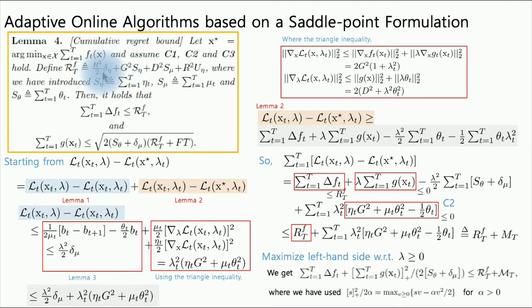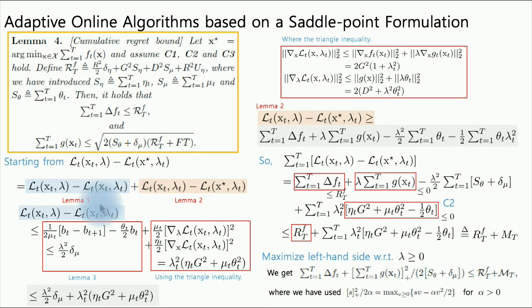Lemma 4 is a cumulative regret bound under the three sufficient conditions C1, C2, C3. To prove lemma 4, we start from the formulation of Lt over xt and lambda minus Lt over x star and lambda t, which is equal to this formulation by adding Lt over xt and lambda t and subtracting it again.